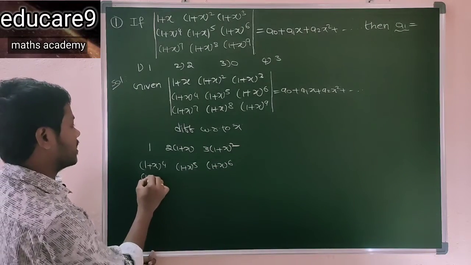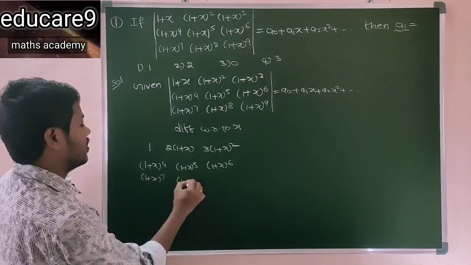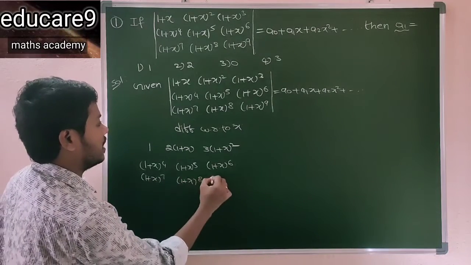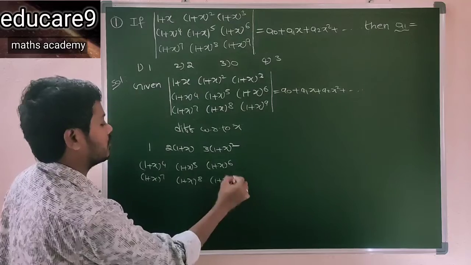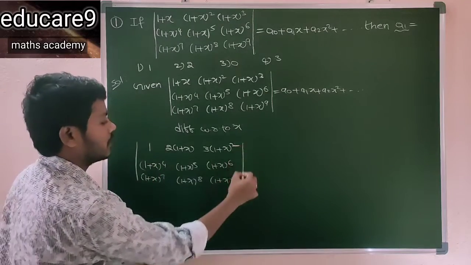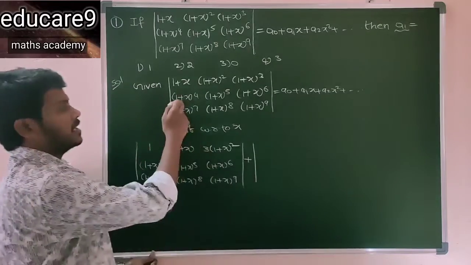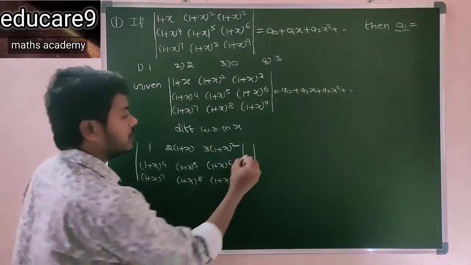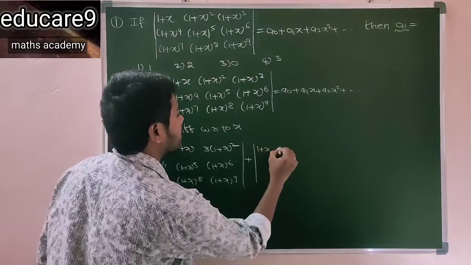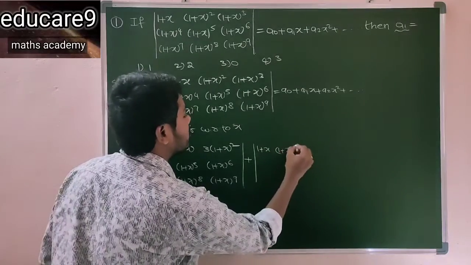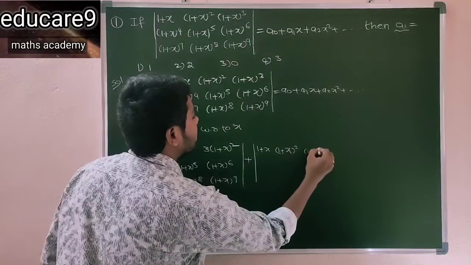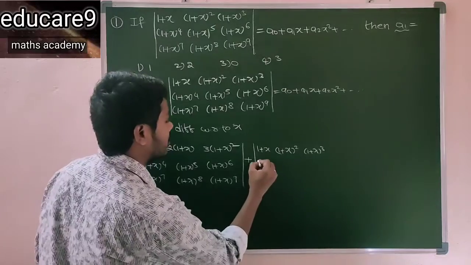Next, 1 plus x whole to the power of 7, 1 plus x whole to the power of 8, 1 plus x whole to the power of 9. Plus the derivative of the second row. The first row is as is: 1 plus x, 1 plus x whole square, 1 plus x whole to the power of 3.